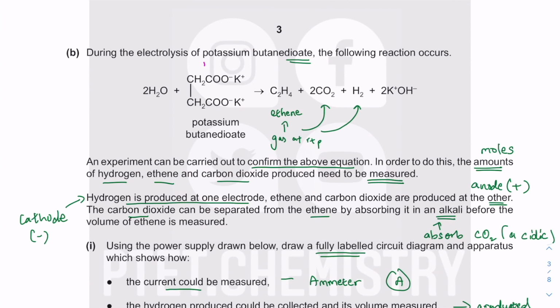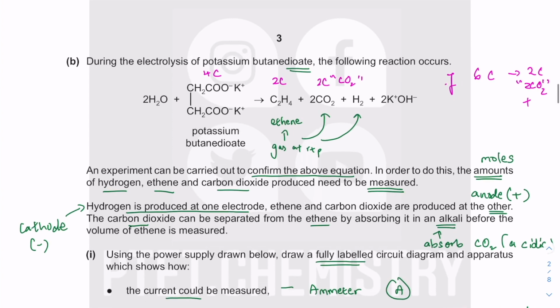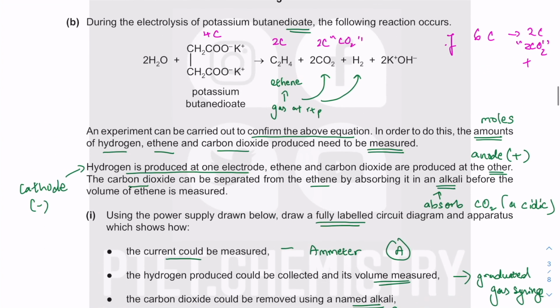So this is 4 carbon, you get a 2 carbon alkene and 2 carbon in the CO2. If you have 6 carbon, you can imagine that the COO minus and COO minus ends will also give you 2 carbon CO2, and therefore you will be left with a 4 carbon alkene.